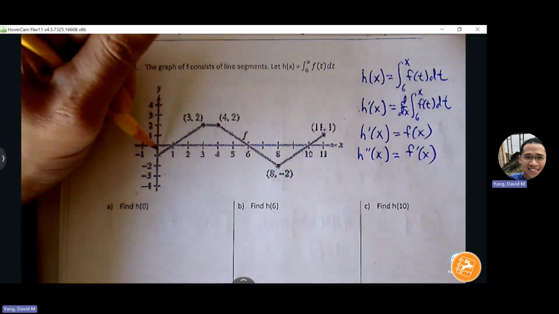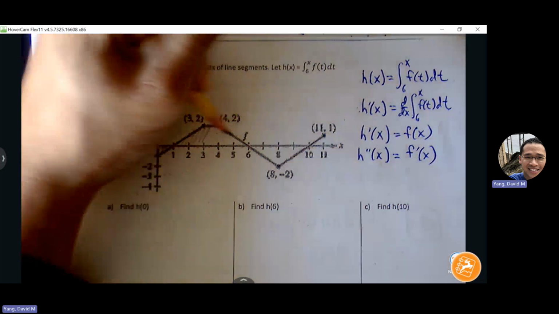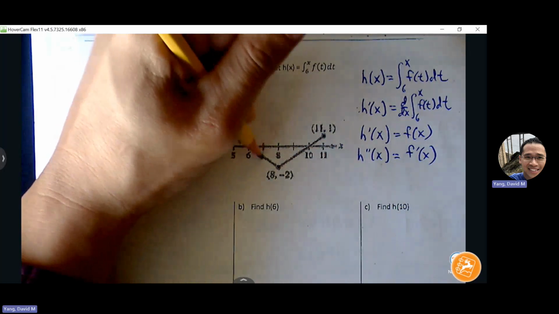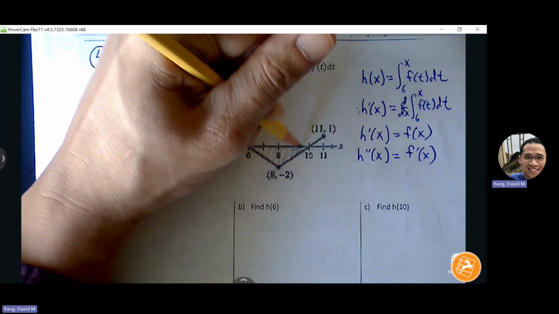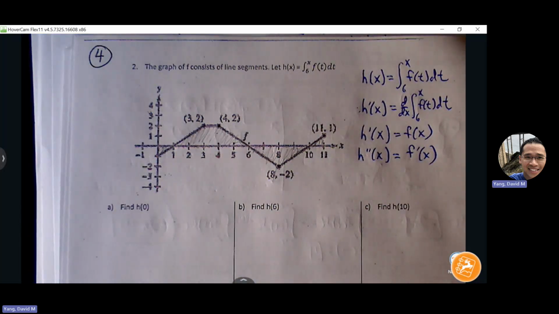I think it's always a good idea just to shade very lightly between the graph and the x-axis, so you're never accidentally getting the wrong area of a wrong region, right? I know there's different shapes here, but we only care about the shape that's between the graph and the x-axis.